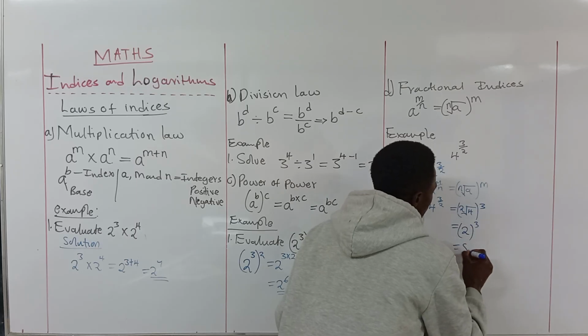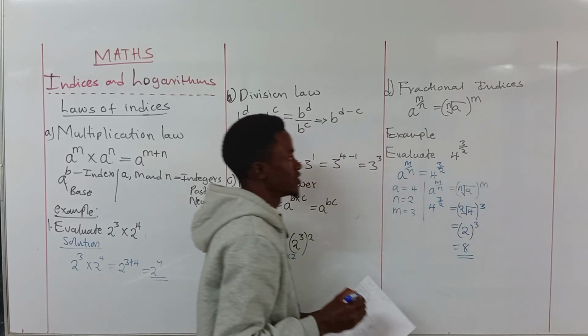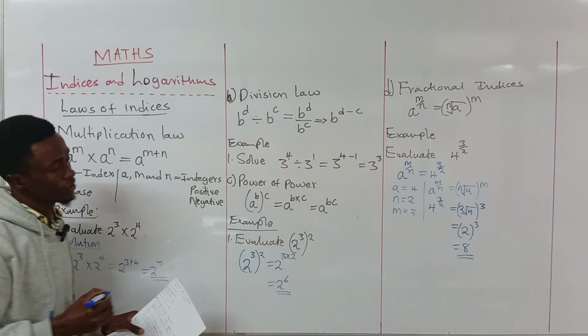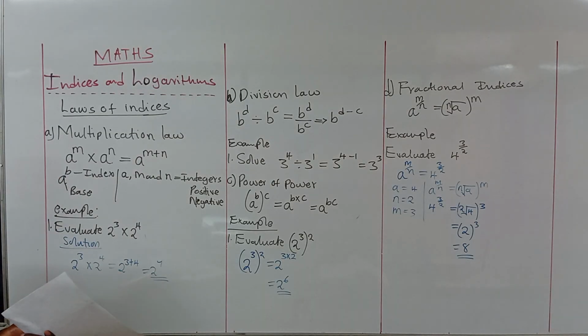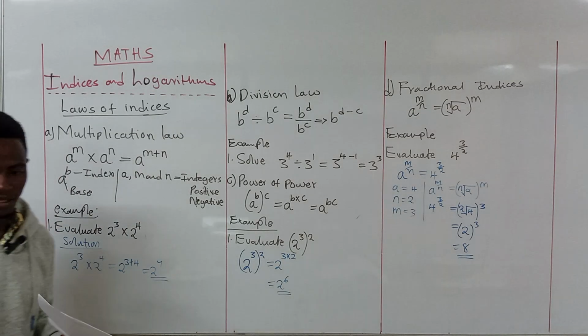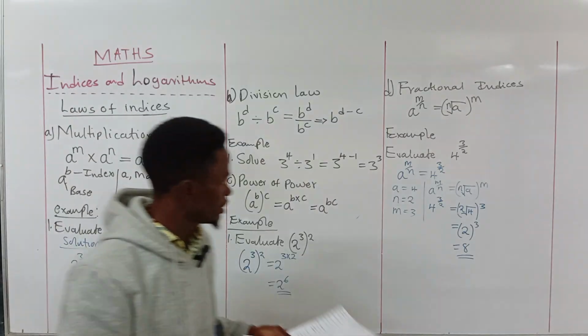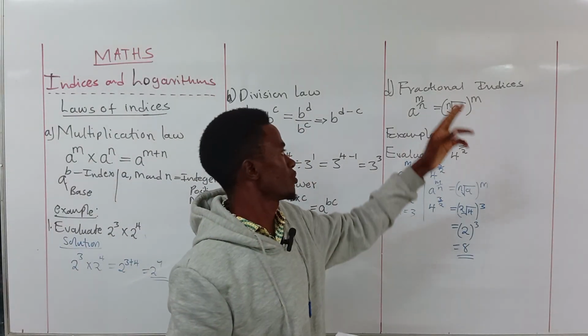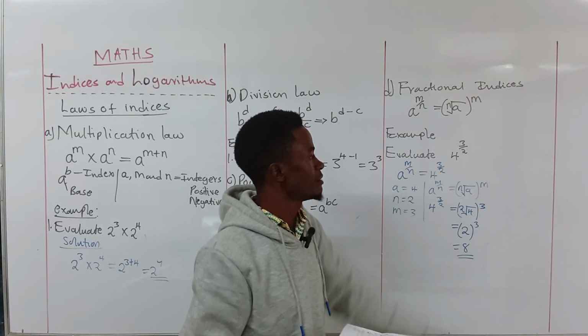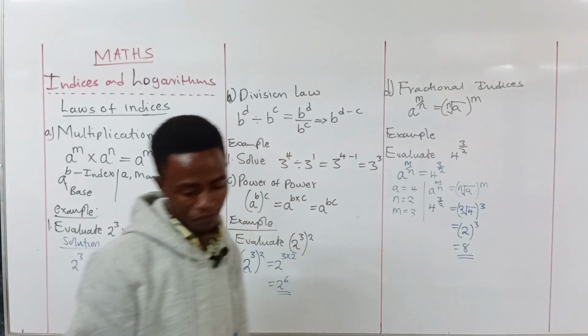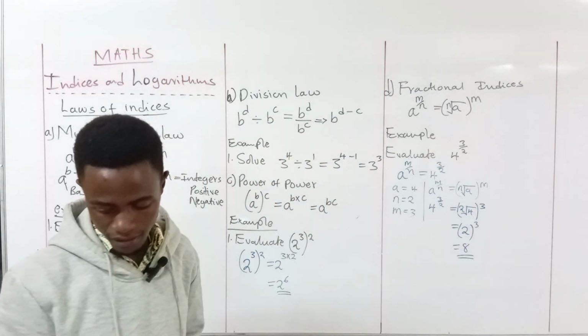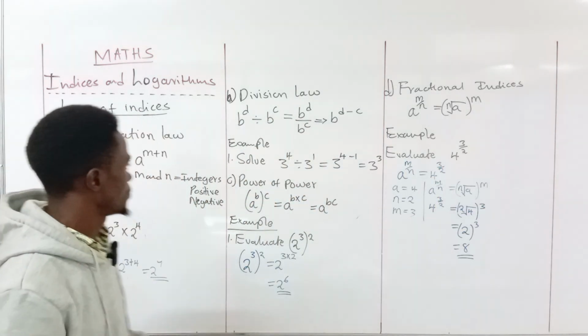So 2 raised to power 3, the answer is 8. So our solution on fractional indices can be guided by that principle.